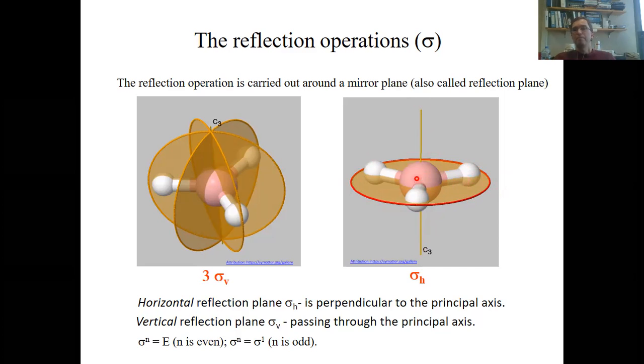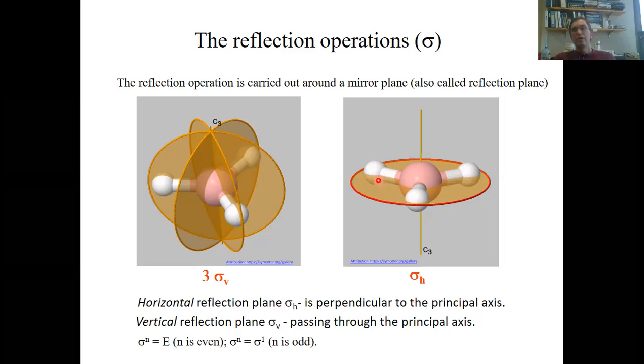Okay, the boron stays at its position, the hydrogen atoms also stay at their position. So nonetheless, the symmetry element and also the symmetry operation is present because points within the object, points within the atoms still move.